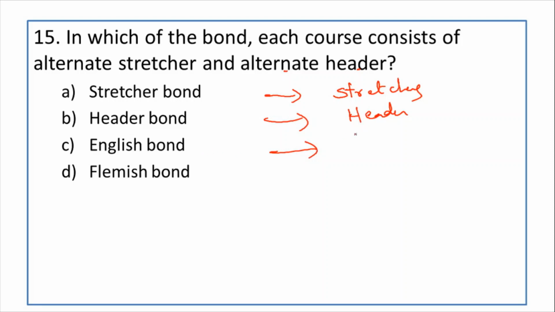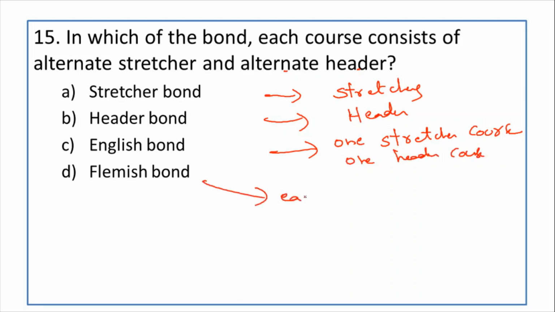And if you take the English bond, it consists of one stretcher course and one header course. And if you take the Flemish bond, each course consists of alternate stretcher and header. Alternate stretcher and alternate header.